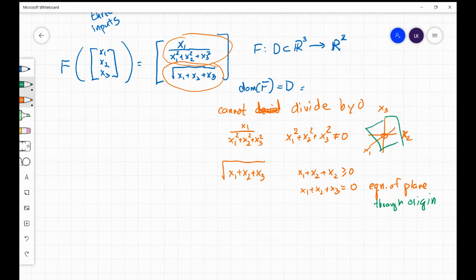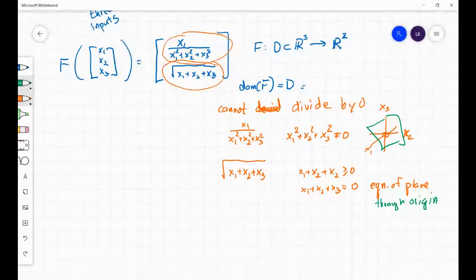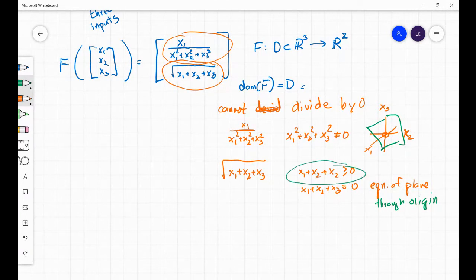It's very hard for me to draw. Okay, and you want everything, if you like, above that plane, so that this expression is not negative. All right.